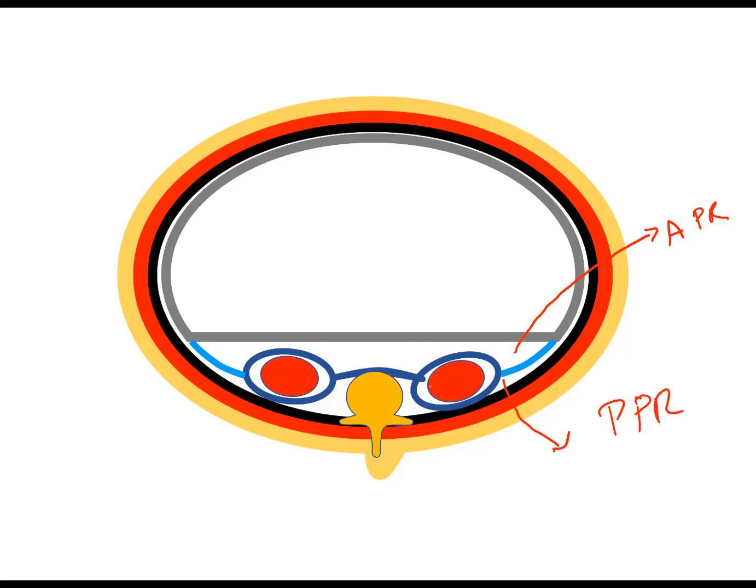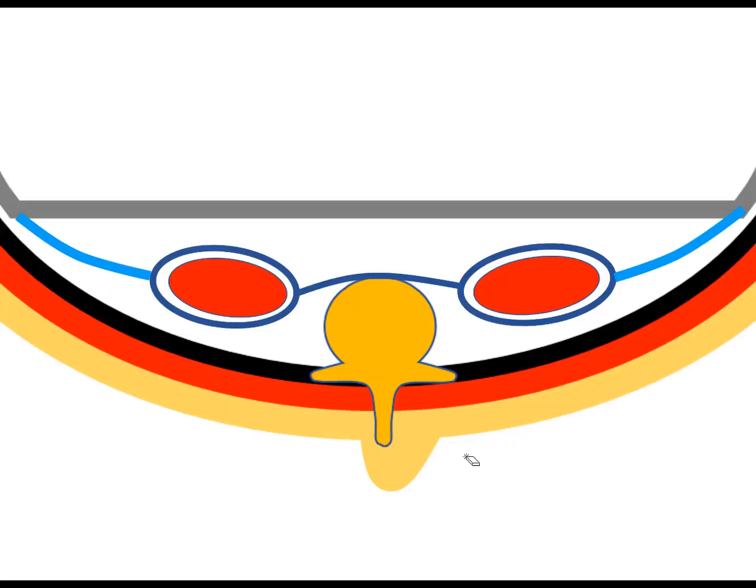And around the kidney, the space inside the renal fascia is called the perirenal space. So we have a perirenal space which is inside the renal fascia, and outside the renal fascia we have the pararenal space. This pararenal space is again divided into anterior pararenal space and posterior pararenal space.